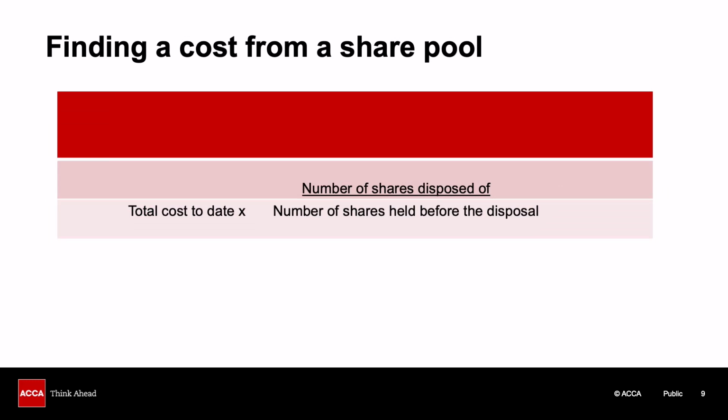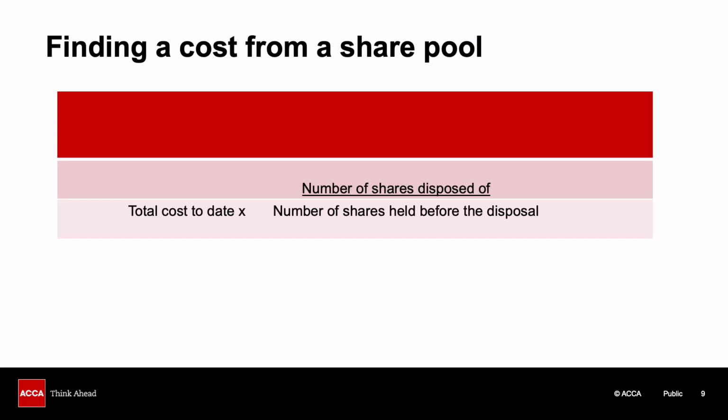We'll look at an example of how to do this with numbers in a few moments, but there is a bit of arithmetic you're going to have to do in order to work out that cost figure. And so there's this formula that you can commit to memory that will help you with that.